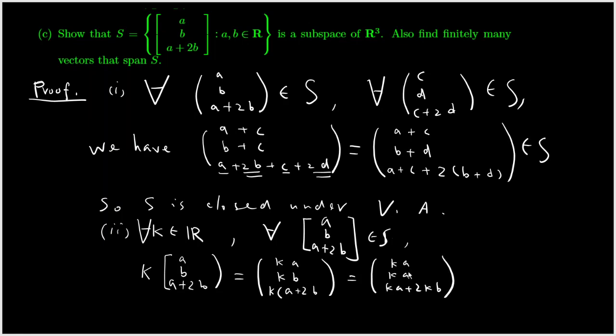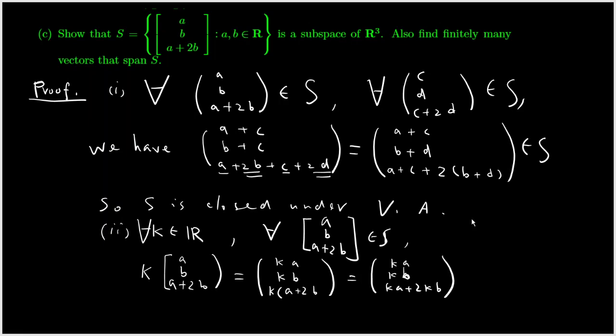Now look at the right hand side. The first component is ka, the second component is kb, and the third component is the first component ka plus twice the second component kb.